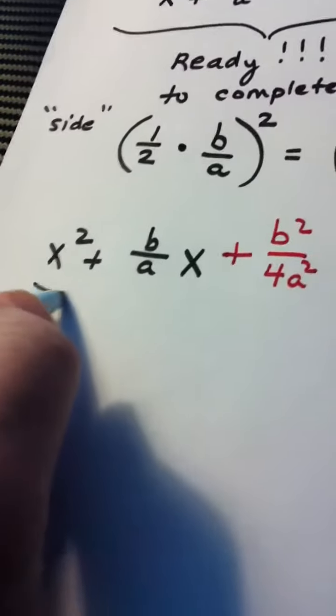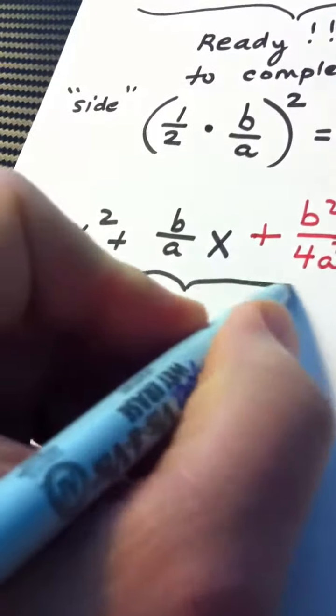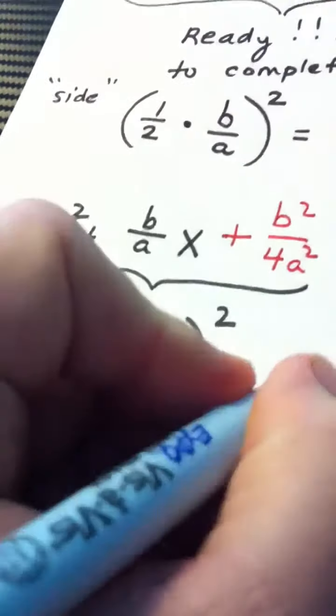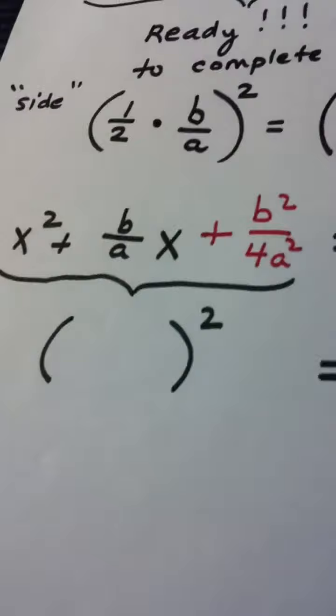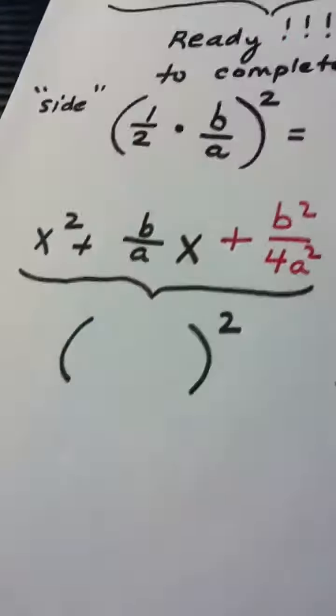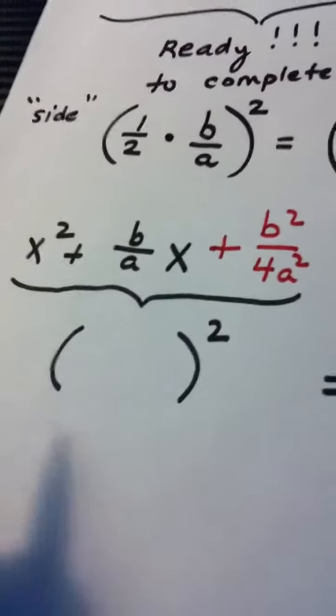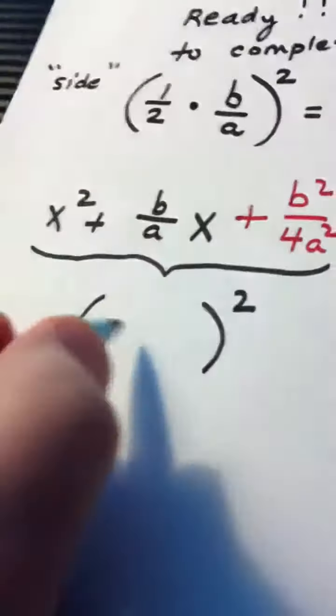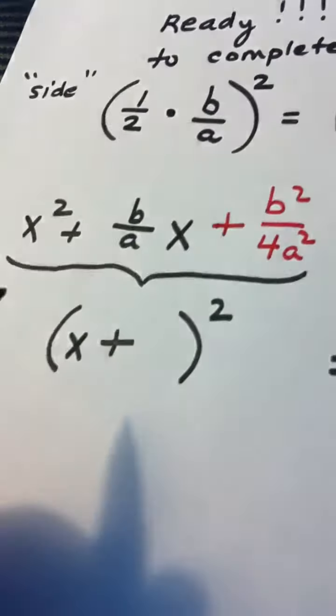So that means this trinomial should now be able to factor as a perfect square. The easiest way to factor this, because it's pretty ugly, is to follow the same pattern I taught you before. We know we have an x in the front. These are all pluses, so we have a plus.